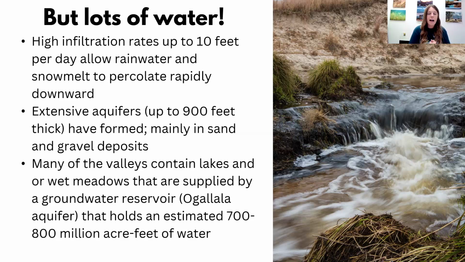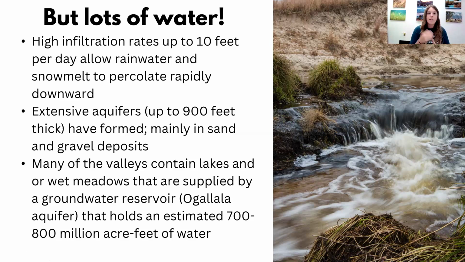There's also a very high infiltration rate, up to about 10 feet per day. So all this rainwater and snowmelt percolates down through the sand, and the water table's very high. Every time there is a rainstorm or snowmelt, it percolates down, but then it comes back right up because the water table is so high.